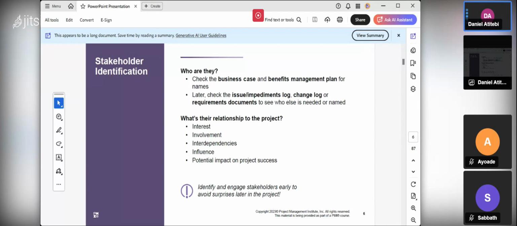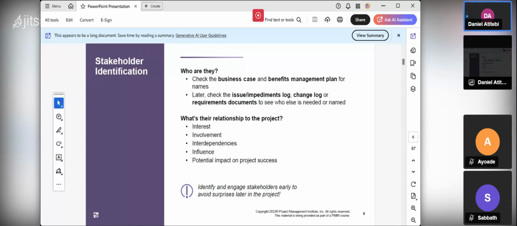We look at different ways we can do that: return on investment, NPV, net present value, opportunity cost, and many other things like that. After you have done that, the document needs to be ratified. Somebody ratifies it, and it could be the sponsor or a key stakeholder at the strategic level. Then you also need to create a benefit management plan for names.